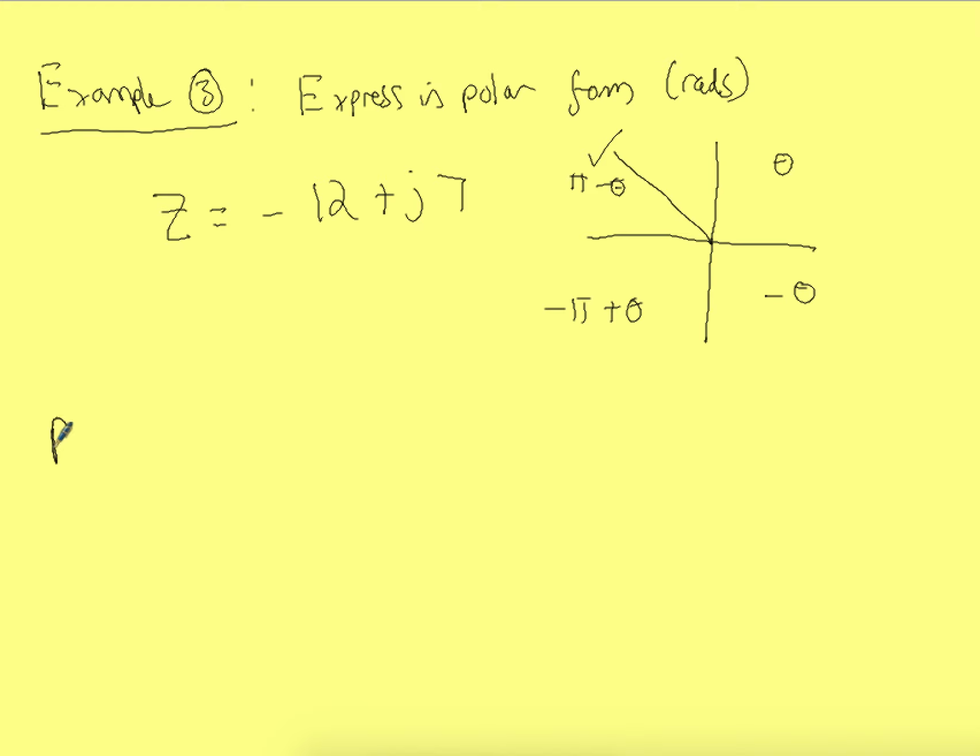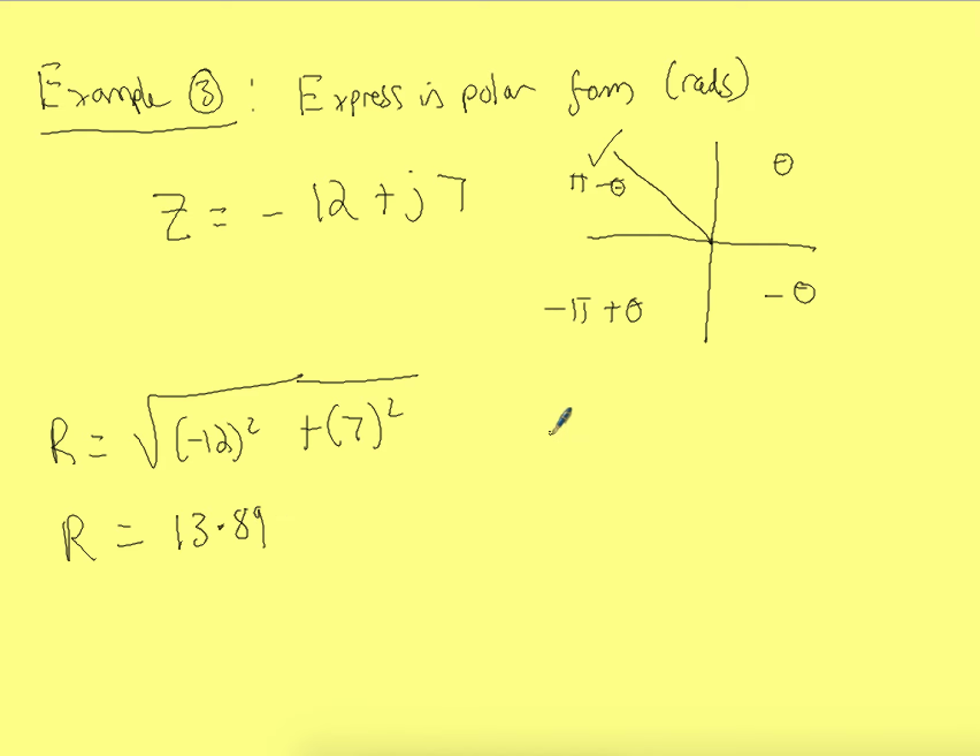Right. So r equals square root of negative 12 squared plus 7 squared. That's the square root of 193, which is 13.89. Theta equals the inverse tan of 7 divided by negative 12. But again, that negative goes in as a positive.